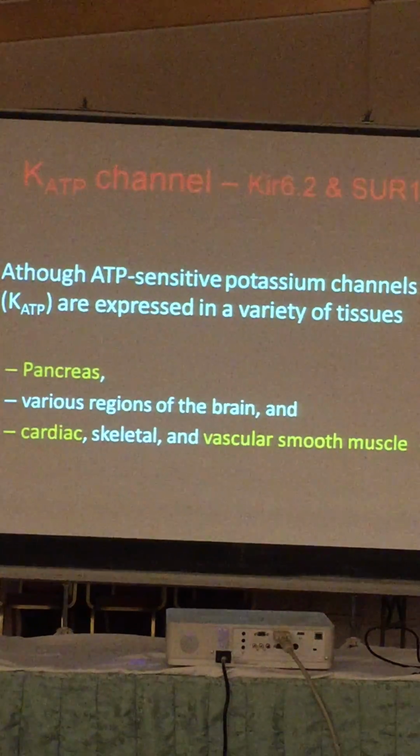Once we understand this, let's see the distribution of ATP channels. Obviously, it is in the pancreas for secretion of insulin, but it's also present in the cardiomyocytes, where the prolonged QT interval occurs once it gets abnormal. The contractility is also controlled by it. It's also present in vascular smooth muscles and related to cholesterol metabolism and atherosclerosis.